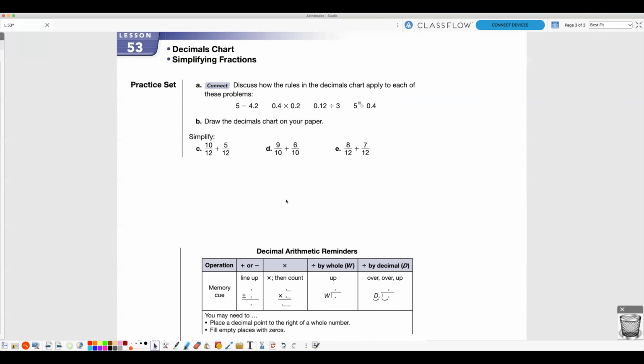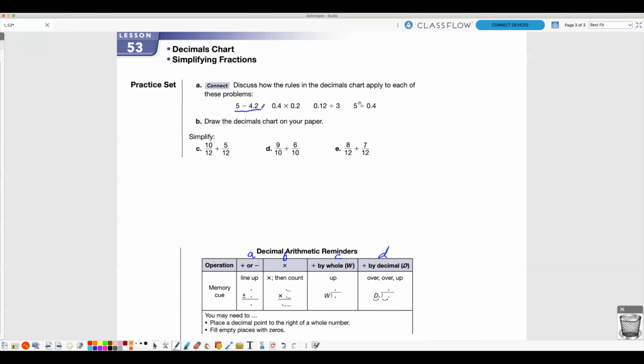So in the answer for letter A, let's decide which of these we would use. Is this applying to A, B, C, or D?